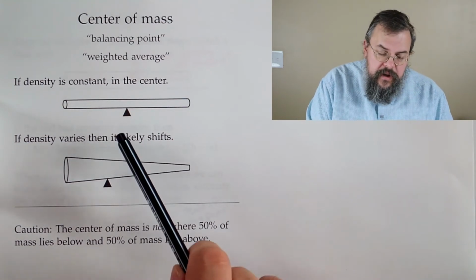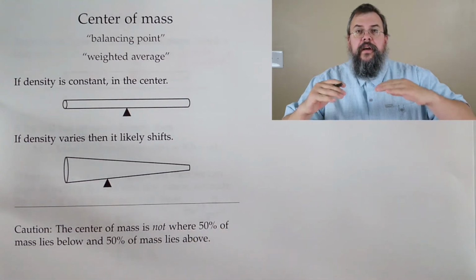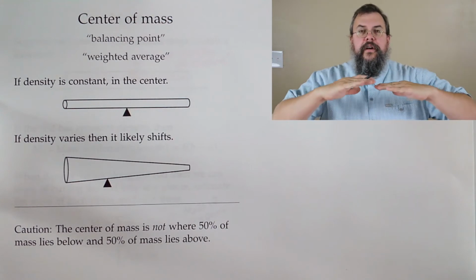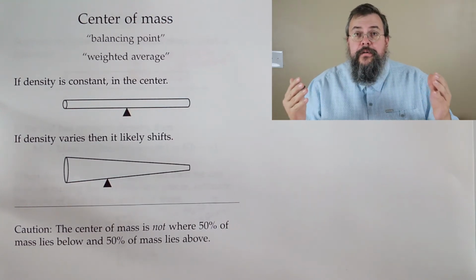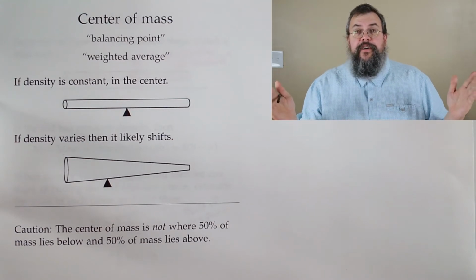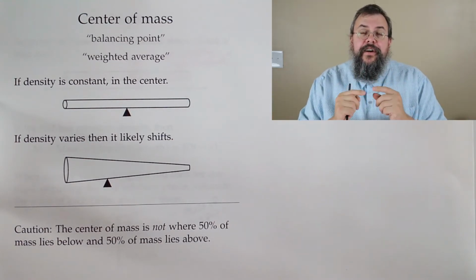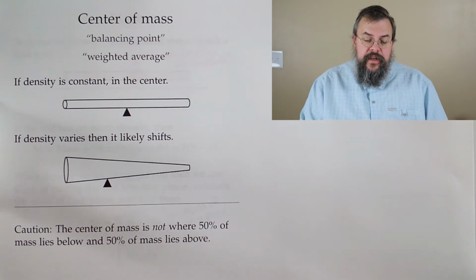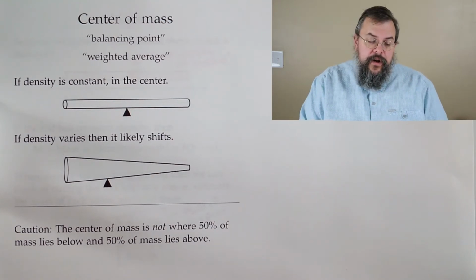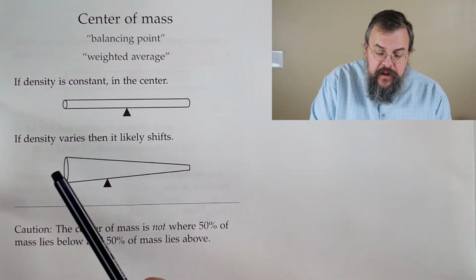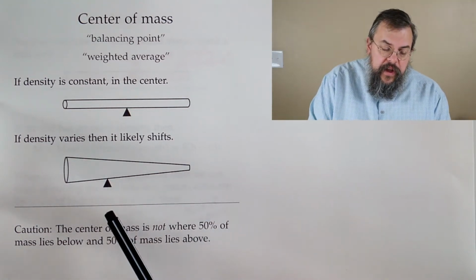In other words, if I put a little point underneath, it wouldn't fall one way or the other. It would stay upright. Now, how do we find it? If we have constant density, it's in the center. If we don't have constant density, it's going to move. How? Well, you can imagine I have a very thick end and a very thin end. And so where is my center of mass?